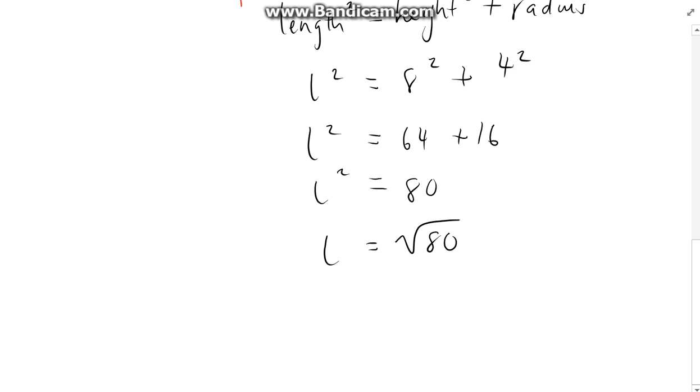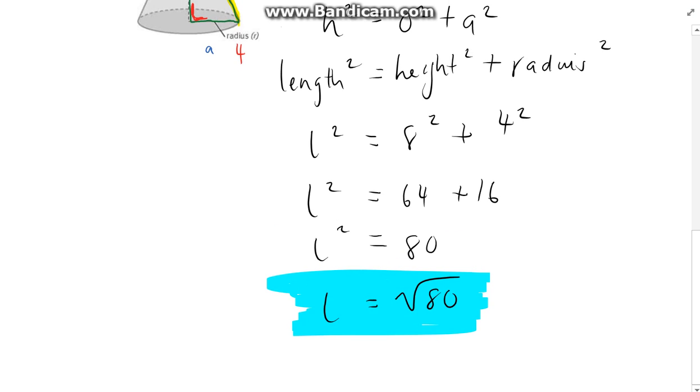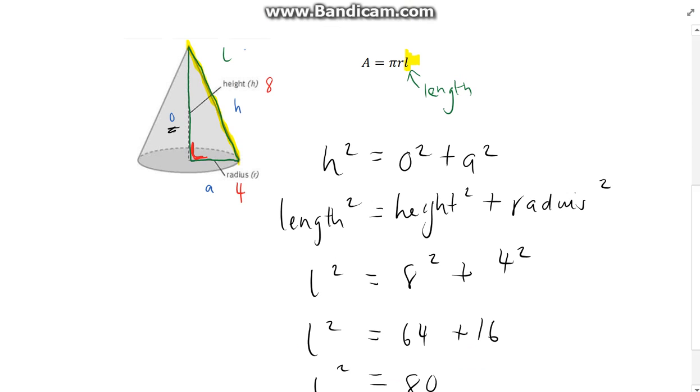Now if you put that into your calculator, on the Casios it might simplify that into surd form, but it's okay if we just leave it as our length was root 80. So we know that's nearly 9, almost 9. In our diagram we can write that now: L is equal to root 80.